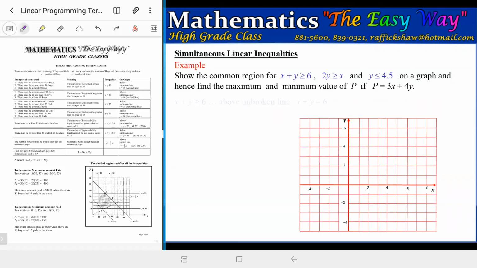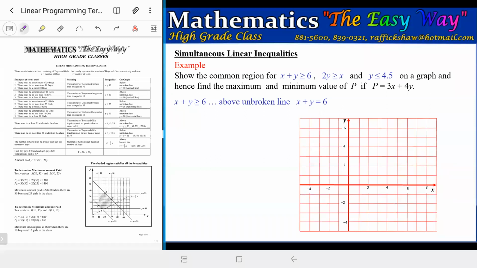All right, so the first one is x plus y greater than or equal to 6. If you remember, the y on the left side is positive, so therefore the greater than means above. The equal is there as well, and so we need an unbroken line.